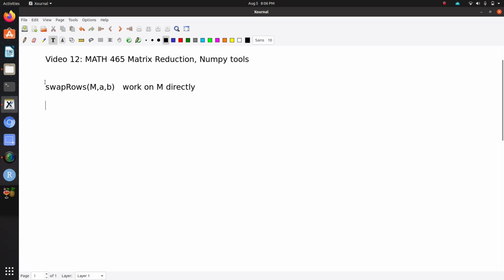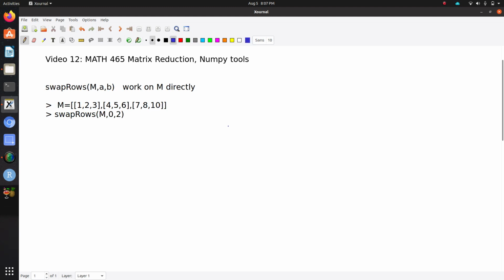So for example, maybe you have M is equal to a list of lists. Okay, so if I had something like this in Python, then if I did swap rows of M, 0, 2, for example, I would expect that this would cause 2 rows to swap.